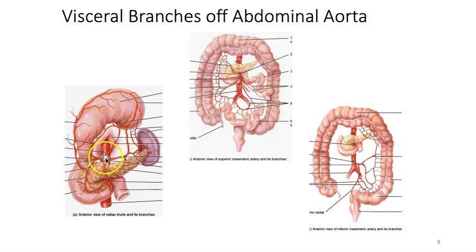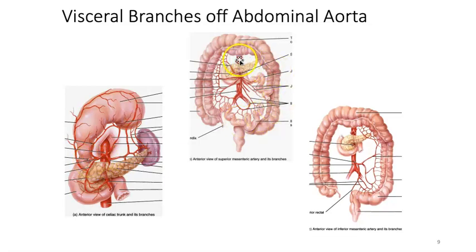So you can see 1, 2, and then it's going this way 3, and then even those branches will branch some more. This first one, which goes sort of superiorly, is going to be the gastric artery. The one that's going out toward the spleen, pretty much going toward that left side, is called the splenic artery. And then the one that's going to the right is called the hepatic artery.